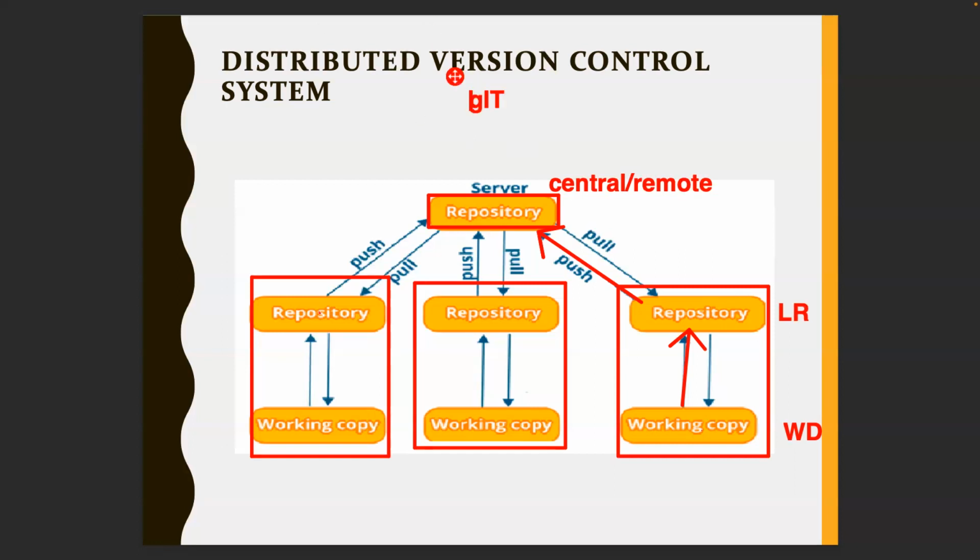And our Git falls under this distributed architecture. Git is a distributed version control system, and all the modern DevOps projects are using Git very widely. So if you master Git, you can work on any other version control system.